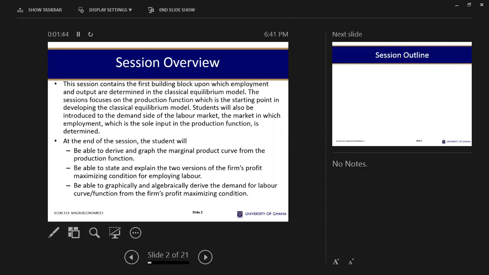Okay, and then we are also supposed to be able to explain the two versions of firms' profit maximizing condition whenever they are hiring labor. Okay, we'll look at that, and also we should be able to graphically and algebraically derive the demand for labor curve or function from the firm's maximization.